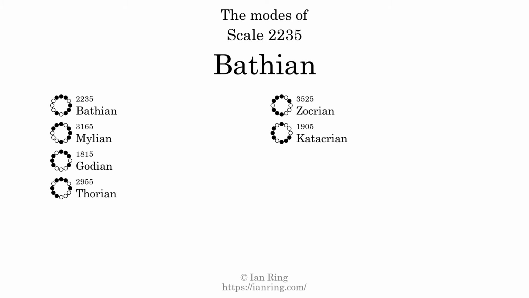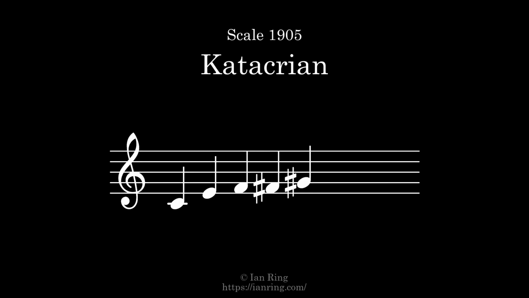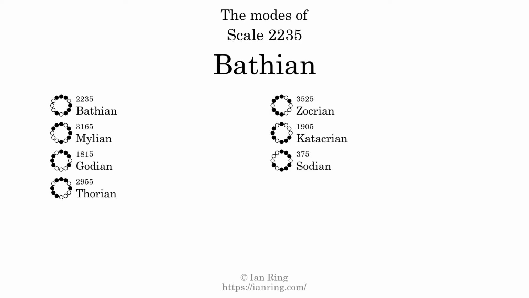The sixth mode is scale 1905, also known as Cataclyon. It sounds like this. The seventh and last mode is scale 375, also known as Sodian. It sounds like this.